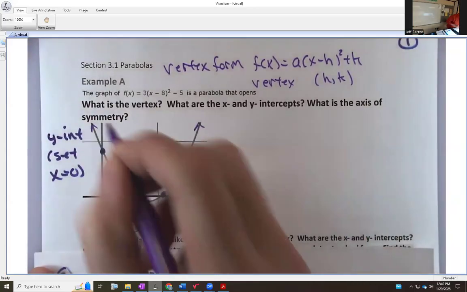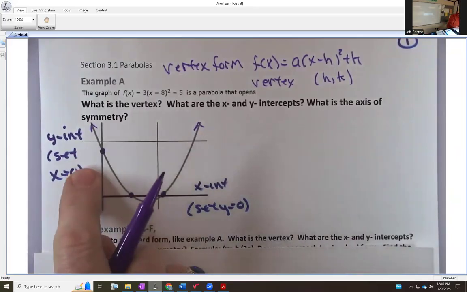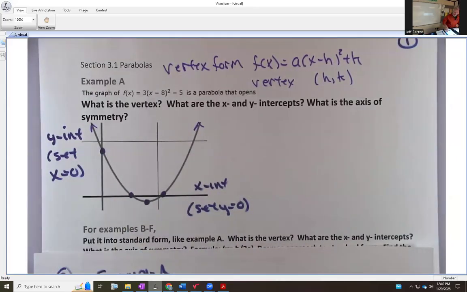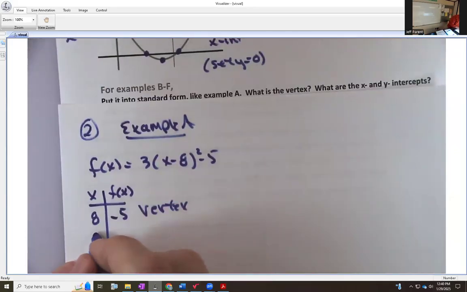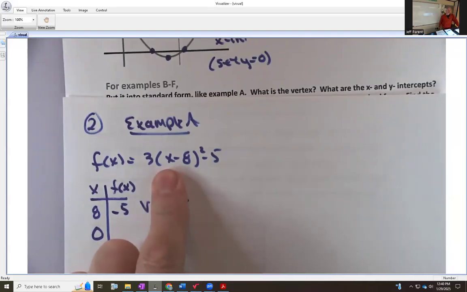And that is, we've got the vertex. How about if I wanted the y-intercept? Those are a couple easy points to get. If I set x equal to 0, I'm going to have to do a little bit of work here because it's not as easy as setting x equal to 8. 0 minus 8 would be negative 8.